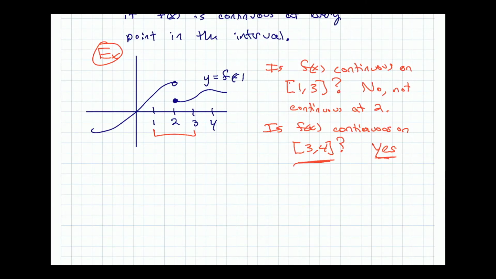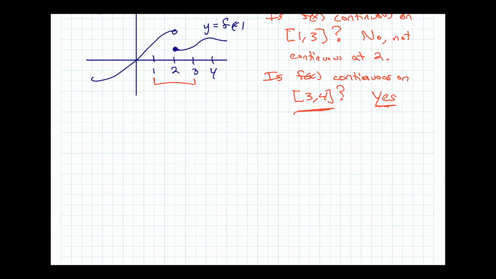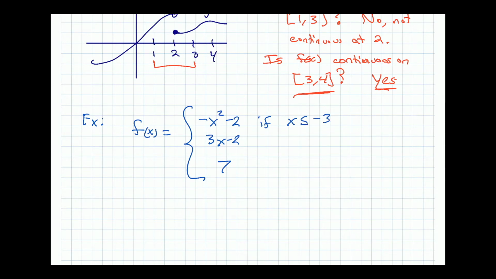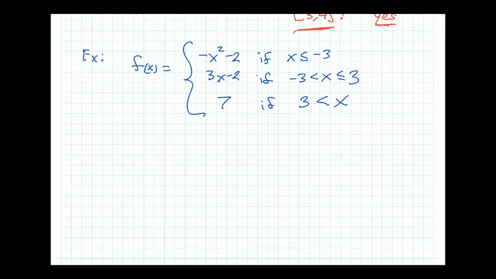Here's an example of that kind of thing from the book. They might ask you something like this. Here's f of x. f of x is piecewise defined: negative x squared minus 2 if x is less than or equal to negative 3; 3x minus 2 if negative 3 is less than x, which is less than positive 3; and 7 if x is greater than 3.